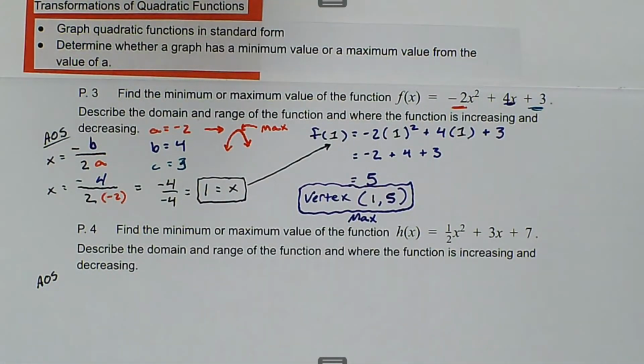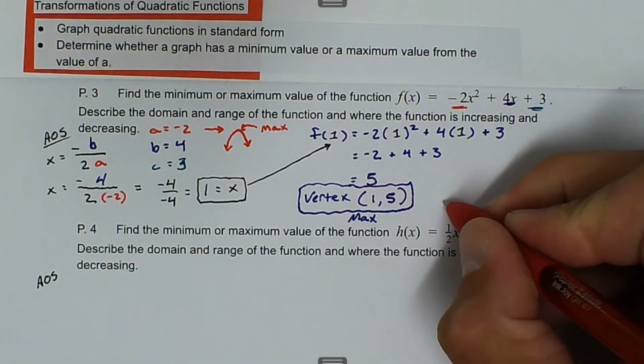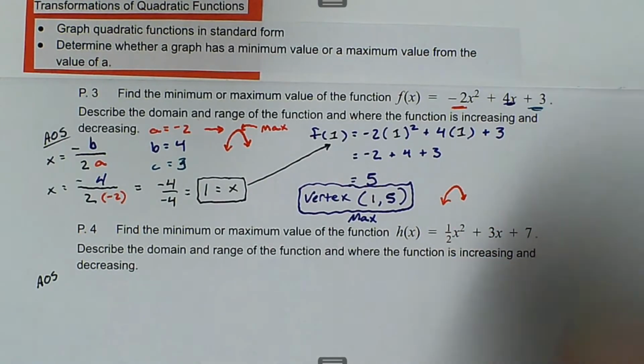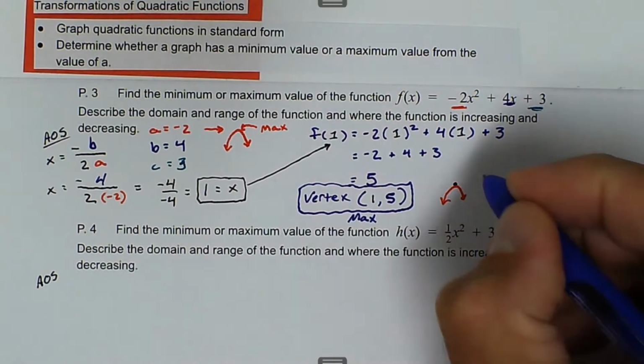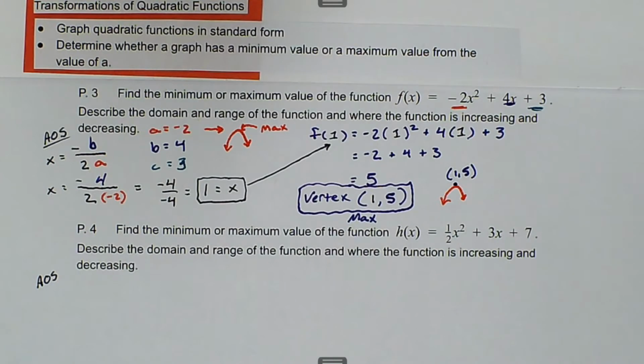Another thing that helps me is just paying attention to the graph. I don't have to sketch the whole graph in order to decide where it's increasing and what the domain is. Here we have the vertex is 1, 5, and then we should be able to figure out all the other information from there.